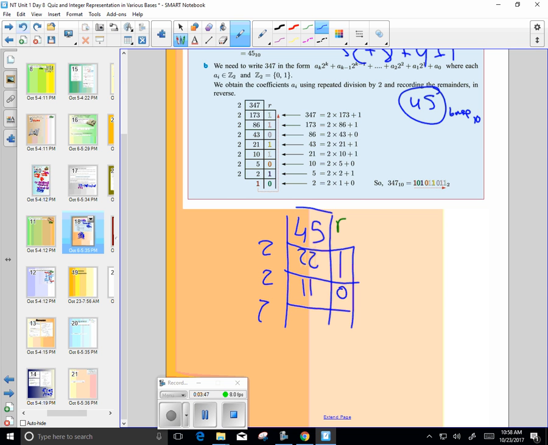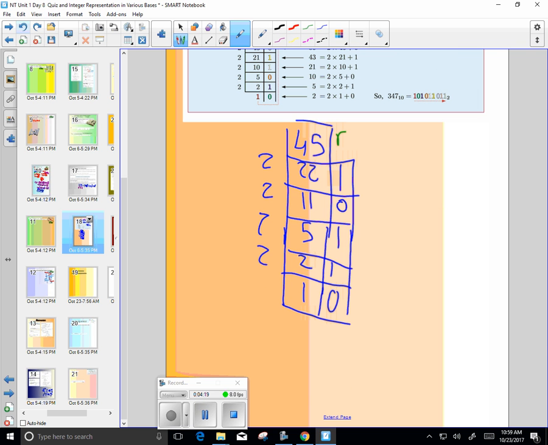And then divide this by 2, and you get 5 with a remainder of 1. And then you're going to divide 5 by 2, right? And so you're going to get 2, remainder 1. So far, so good? And then what are we going to get when we divide 2 by 2? 1, remainder 0, right? Once you get to the 1 down here, you're done.